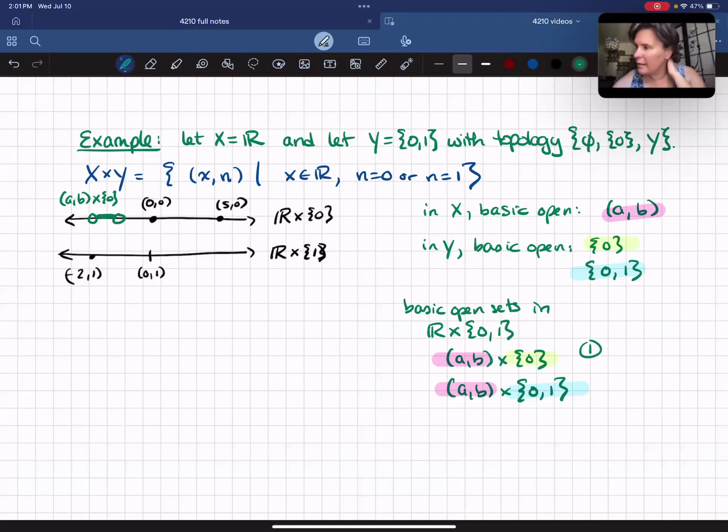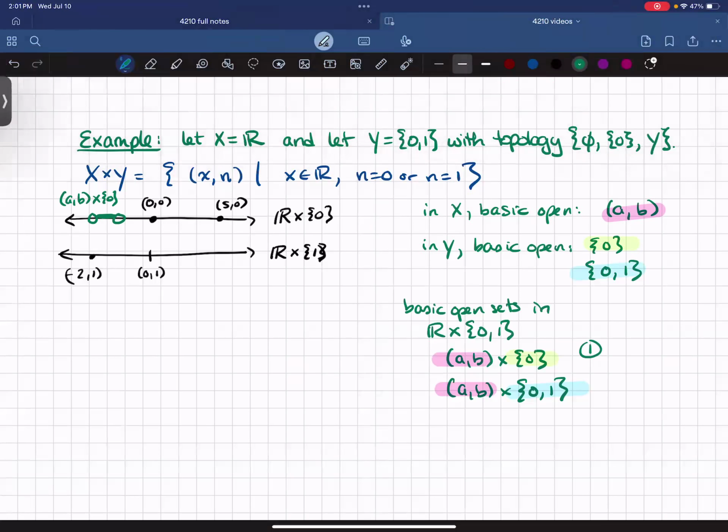And then the other sorts of open sets would be something like (a, b) cross {0, 1}. That's going to be an open interval crossed with both points, 0 and 1. And so that might look something like this.